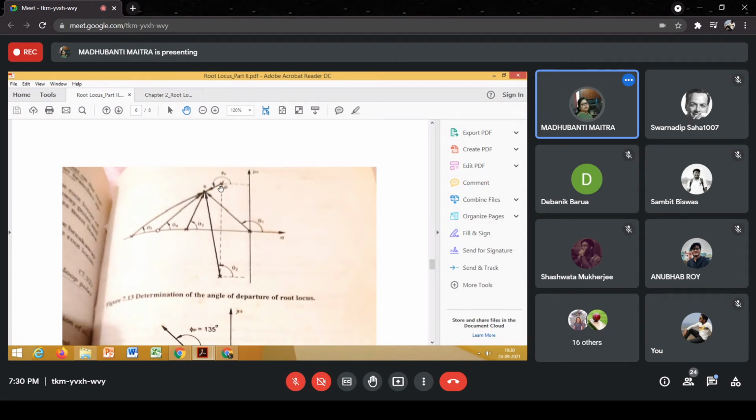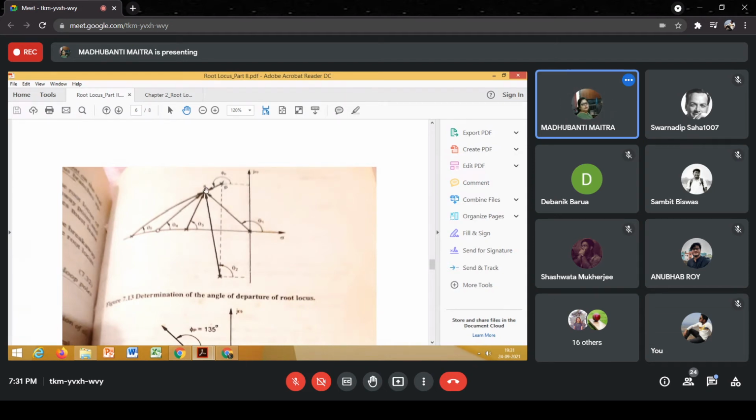Now we construct all these phasors: s plus p1, s plus p2, s plus p3, s plus z1, and s plus p4, and this is the last phasor, for the complex open loop pole of concern.